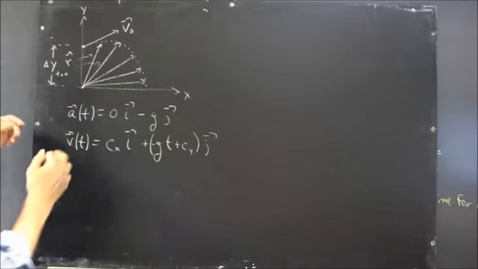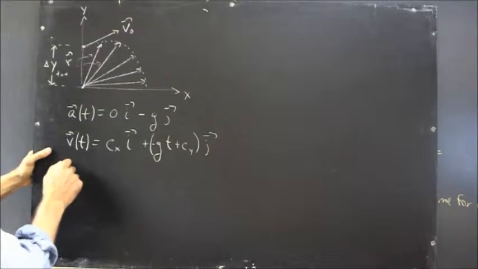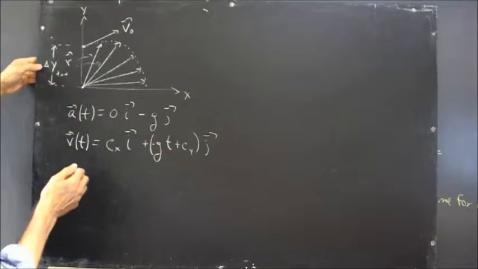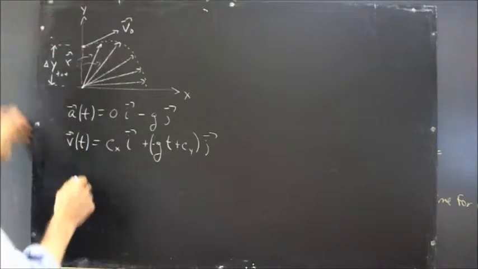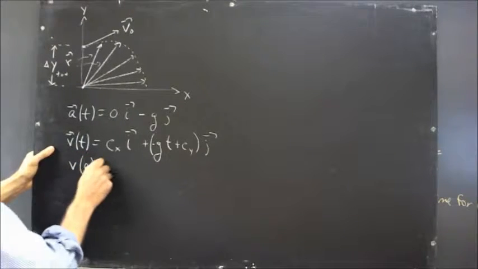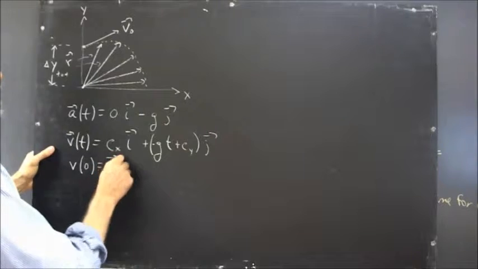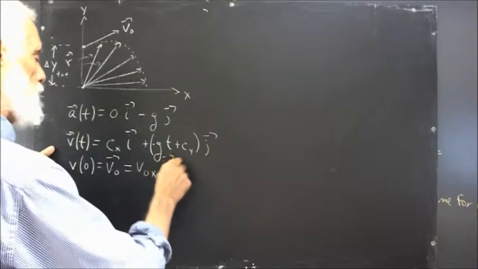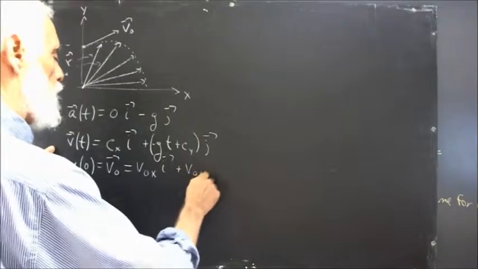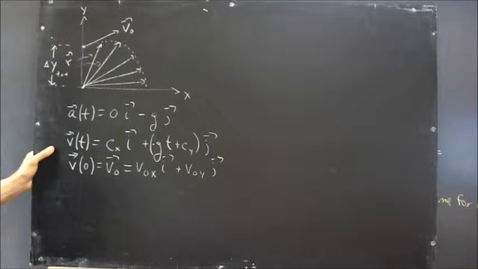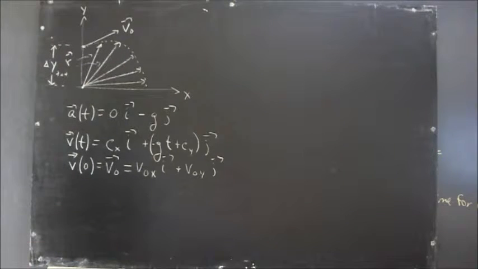But now we can say that we didn't really need this here. What we need is the v0. Let's just say v of 0 equals v0, which is some v0x times i plus a v0y times j. So our velocity at time 0 is this.